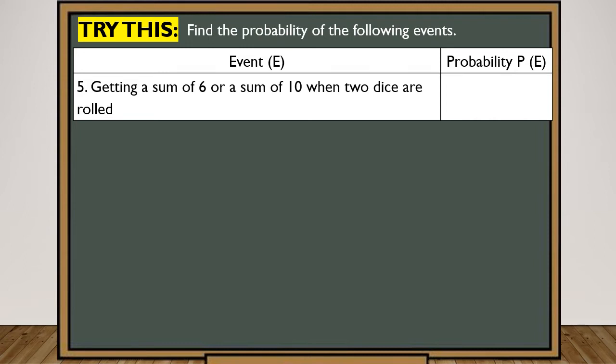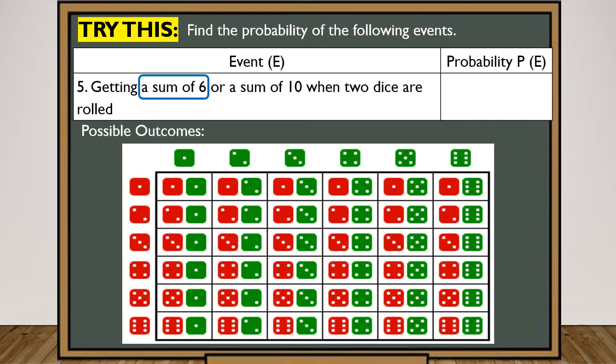First, we will have getting a sum of 6. Again, from the possible outcomes, we have here 2 dice.